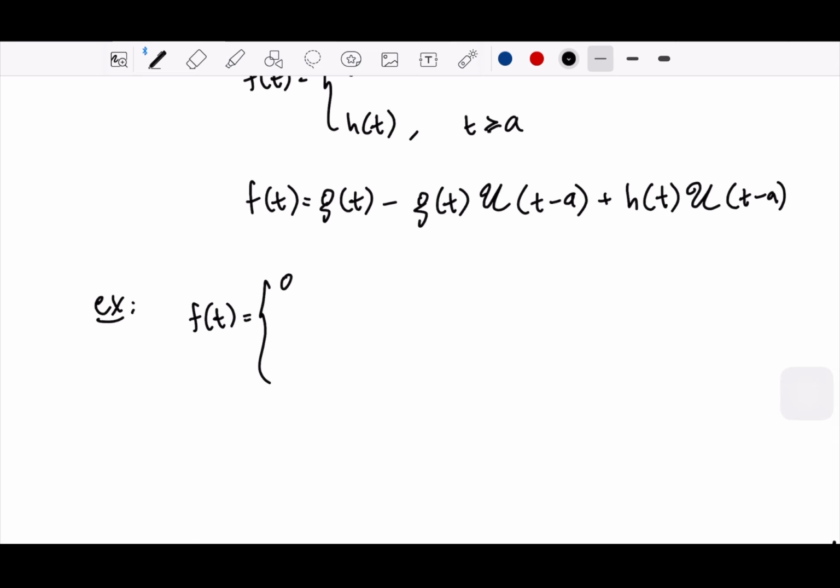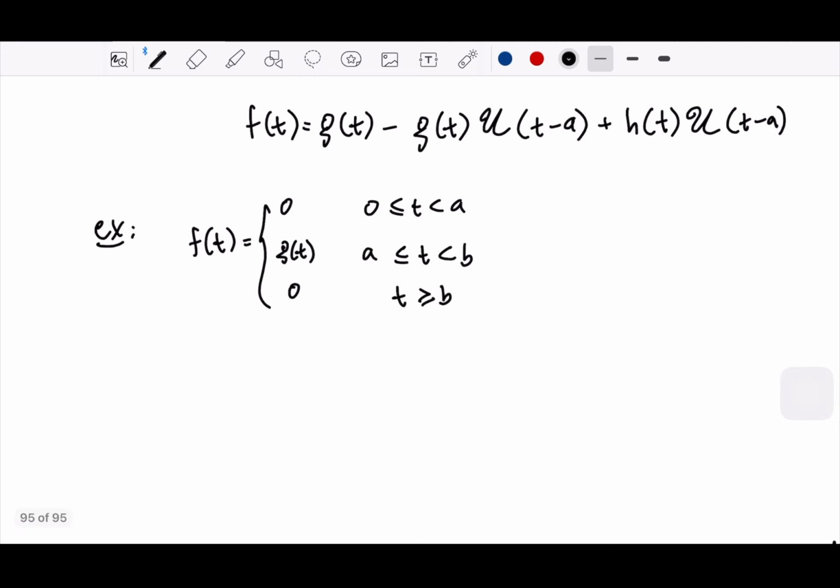Let's say 0 is from 0 to a, then we have another function g from a to some constant b, and then 0 again for t greater or equal b. We could write this similarly.